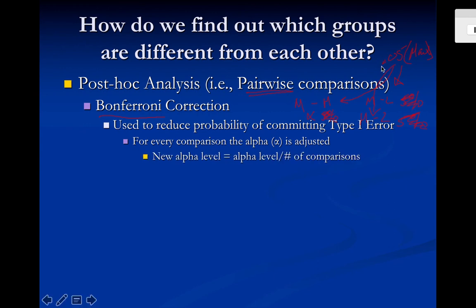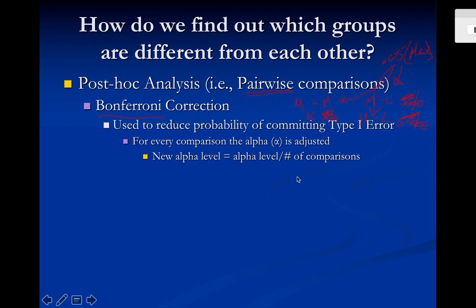So the way that we're going to create our new alpha level is that we take our maximum alpha level that we want to set. In our particular case, I want it to be 0.05. That's the maximum I'm allowing for all three of them together. All three of them together have to add up to 0.05.